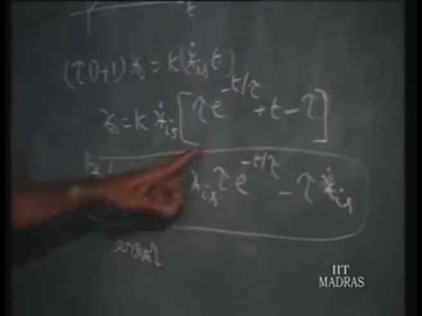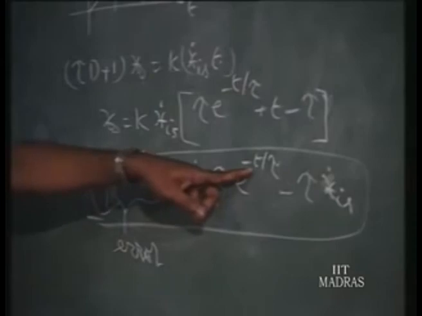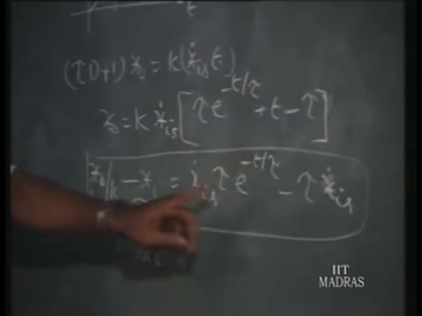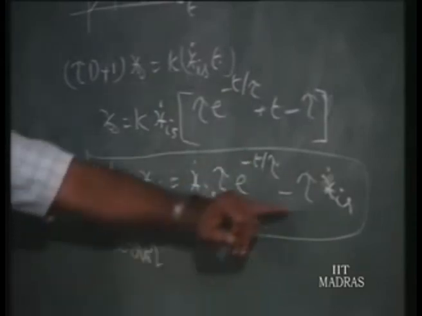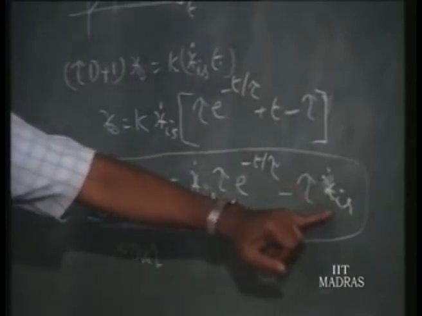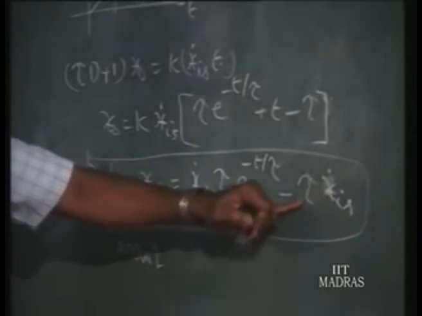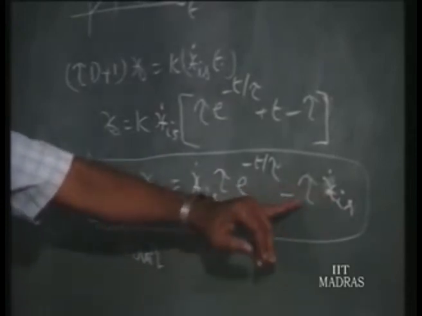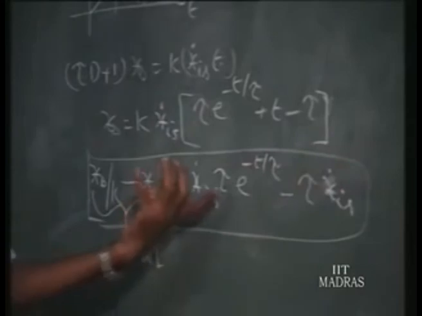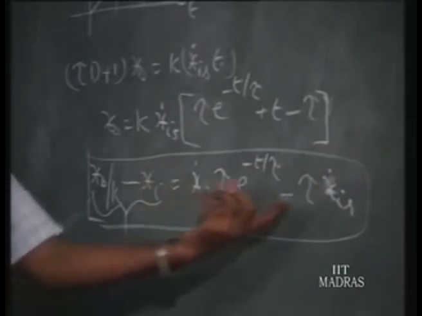This is a function depending upon the time at any instant, and when t becomes infinity, this term disappears and finally it settles. So tau into xis dot, the velocity of the input signal varying with speed, multiplied by seconds, gives the input signal dimension. This is the steady state error; the other part is the transient error.